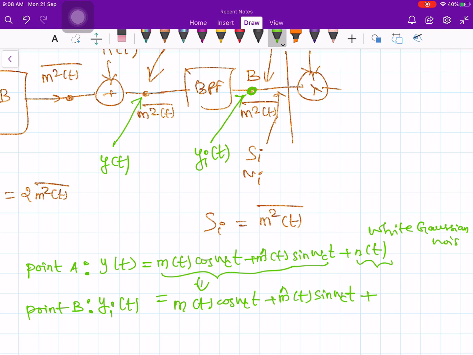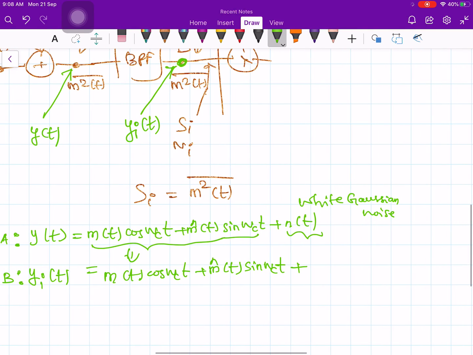After passing through a band pass filter, it will become narrowband noise, okay, narrowband Gaussian noise. The narrowband Gaussian noise is represented using an in phase component and a quadrature phase component: n suffix c of t cos omega ct plus n suffix s of t sin omega ct.